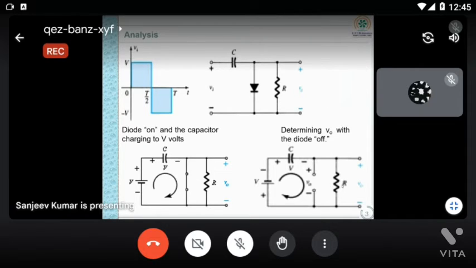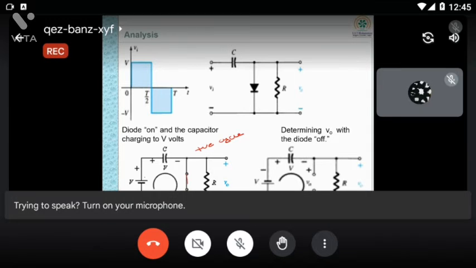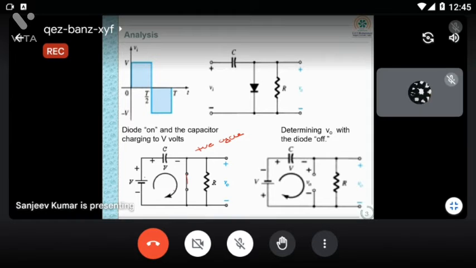So once again I'm repeating, for the positive half cycle what is happening? Now this is plus minus, so plus minus, now this is shorted. For the positive half cycle, this capacitor will be charged. So how to find out the capacitor charge?